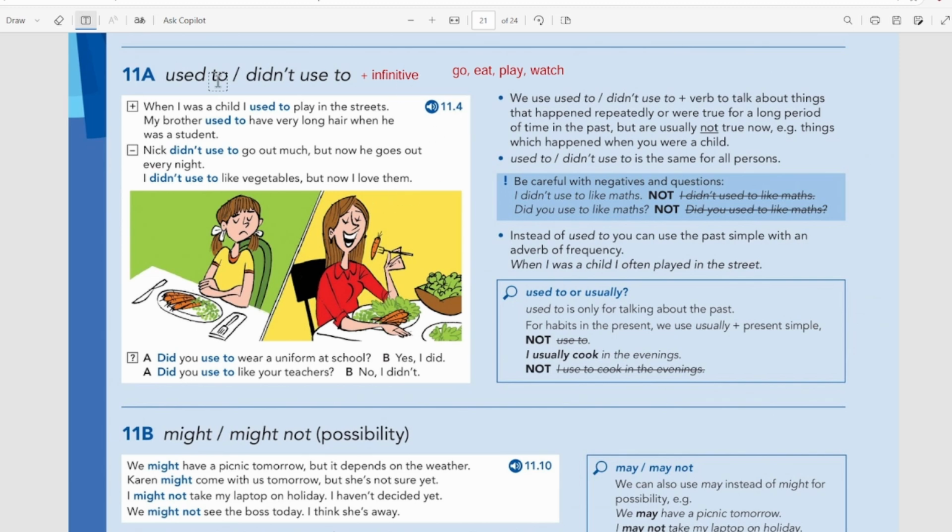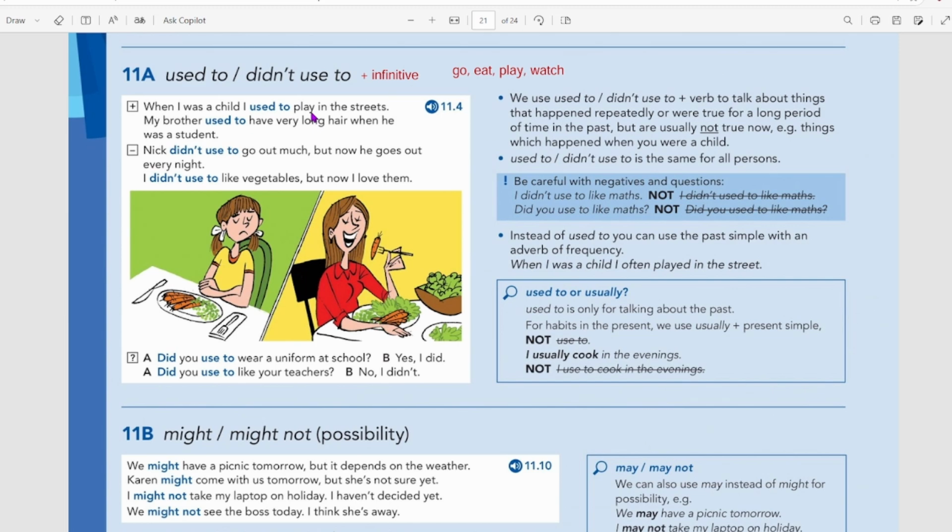Here you go, the example. When I was a child, I used to play in the streets. You see, now this guy is not a child anymore, and he doesn't play in the streets anymore. He's grown up now, right? So the guy who is speaking is remembering his childhood or her childhood.